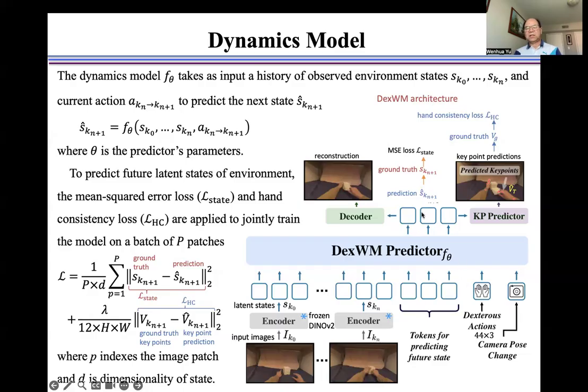This is the prediction, this is a decoder to reconstruct the input image, and this is the key point predictions. The mean squared error loss and hand consistency loss together are used to train the DexWM model.